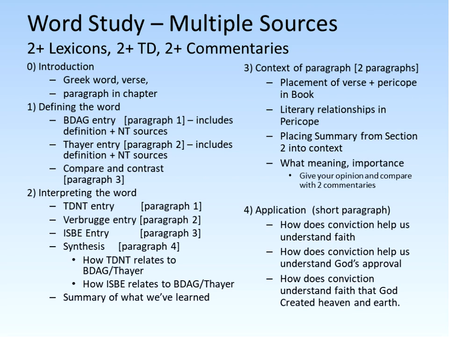Then there are the literary relationships, 5 relationships around the word. Use your IBS techniques to discover that. Then you place the summary into that context, give an overall discussion of the word in that context, give meaning and importance. At this point, you may look at 2 commentaries.